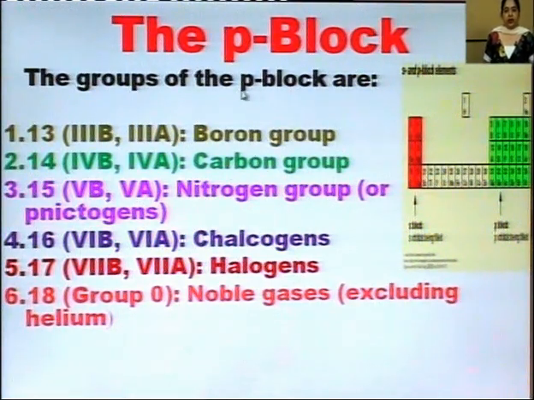Groups of the P block are: first is boron group, second carbon group, third nitrogen group, fourth chalcogens, fifth halogens, and sixth noble gases.